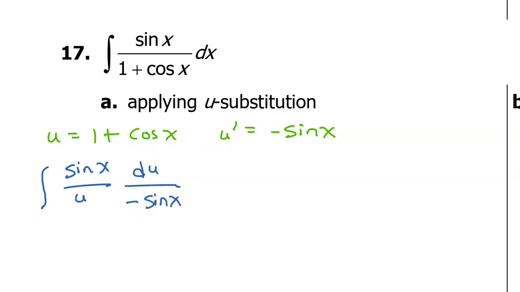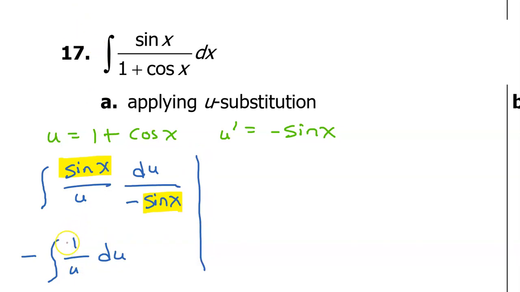This is looking very familiar. We notice that we have a sine x in the numerator and the denominator, so they cancel each other out. The remaining negative sign will end up out in front of the integral like so, and then we will have the integral of 1 over u du. However, this is a memorized rule.